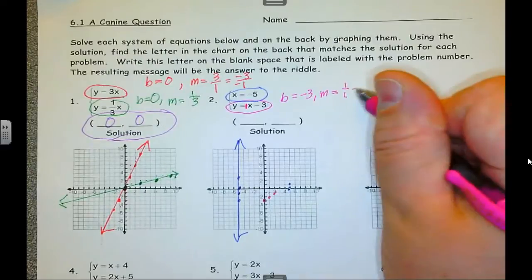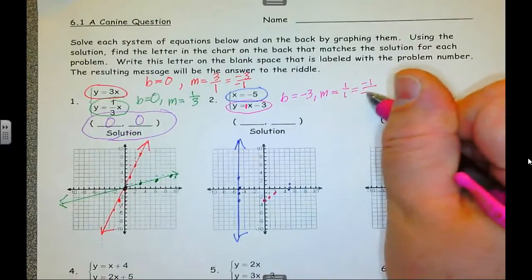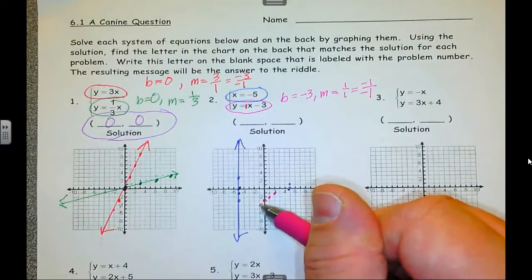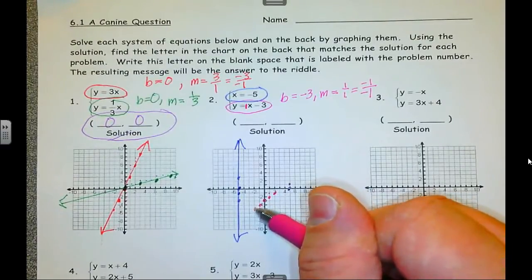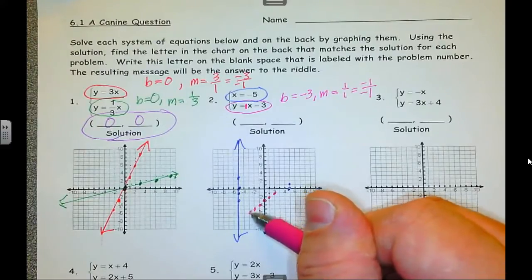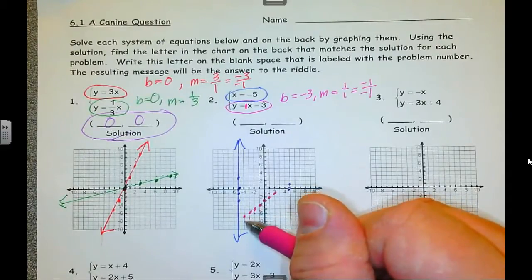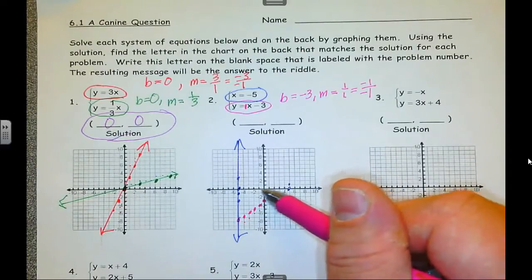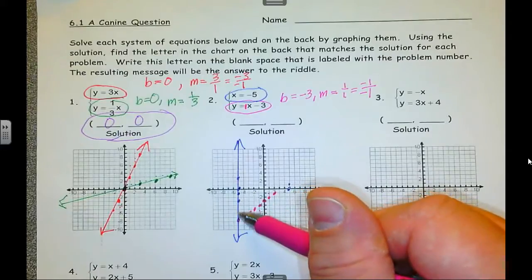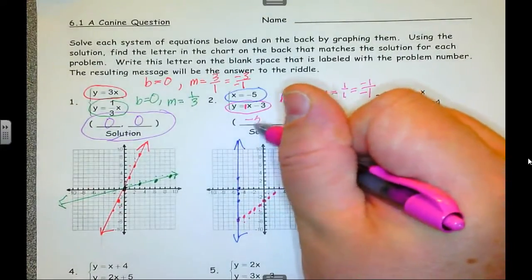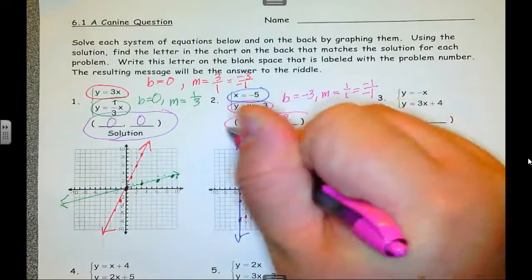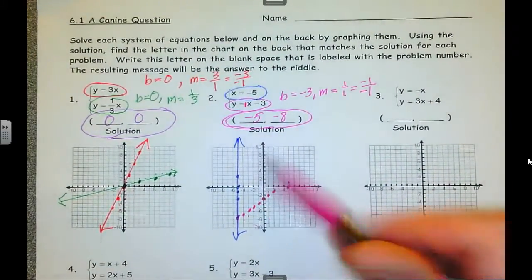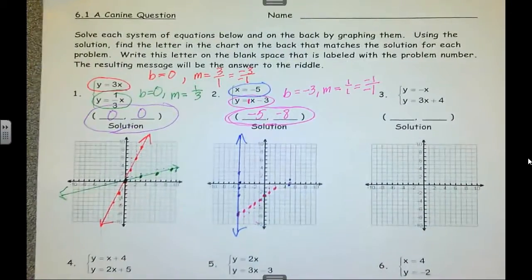And actually, I could go down 1 to the left 1. That's the same fraction. If I keep going here, I'm going to hit that line at a point, right? Right there. So my point of intersection is going to be -5, -8, yep. Some teachers don't even care if you put the line there, only the dots, the points.